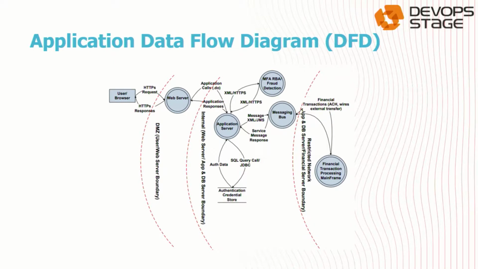Then the next step will be to find countermeasures. So how can I protect my system? For example, I can introduce HTTPS, a secure channel. I can set up a cluster for web servers in order to reduce the availability issue. Or I can provide token-based access control for the credential store, and so on.